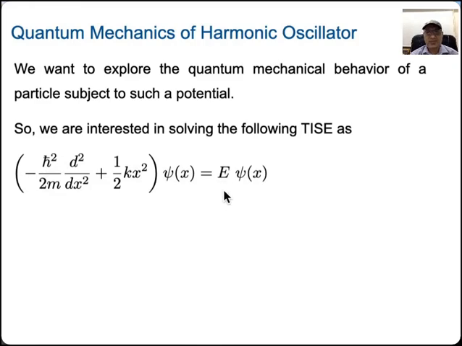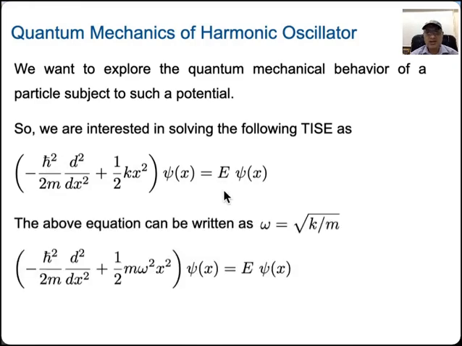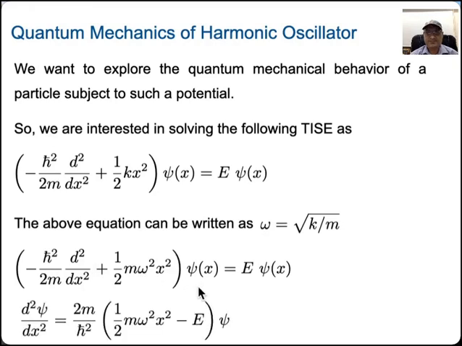times psi of x. Now I can rearrange these terms, and I can introduce the value of my k as the square root of k in terms of the omega and m. So I can rewrite the above equation with half m omega square x square times psi of x.